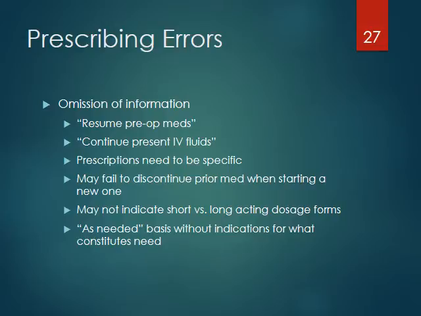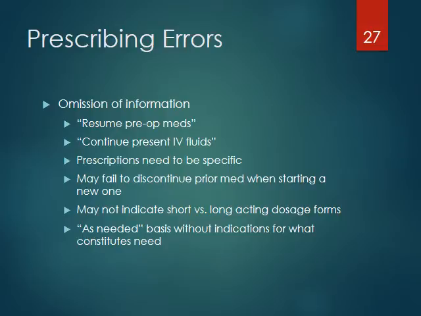Say you have a patient who is post-operation and was on IV opioid analgesics for pain, and you're transitioning them to oral pain medication so they can go home. If you don't read the whole medication profile and forget to discontinue the IV therapy, they end up getting oral and IV at the same time, which may not be appropriate. It may lead them to get too much medication, become sedated, and things like that.